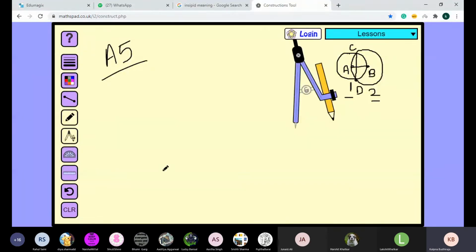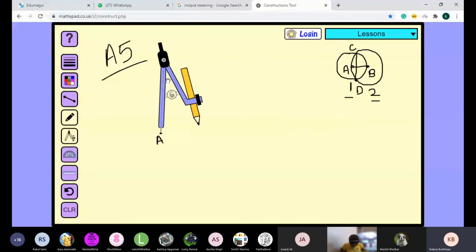Now follow me, because in the question it is not given what the diameter or the radius is. So it's your wish. You can take 3 centimeters, you can take 4 centimeters, but make sure the compass does not change while you are measuring. So here you will put the needle.